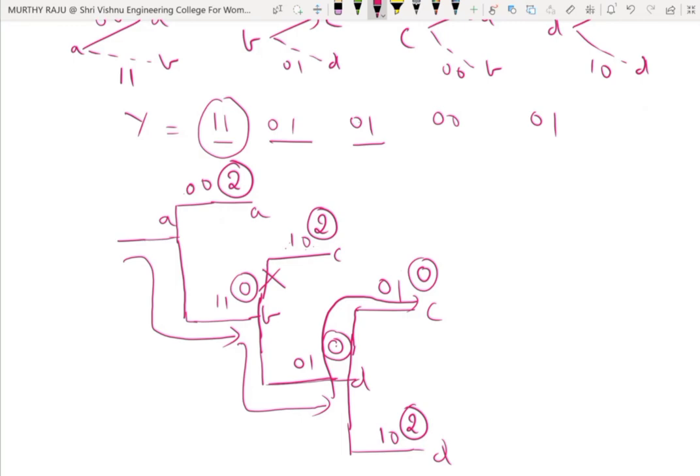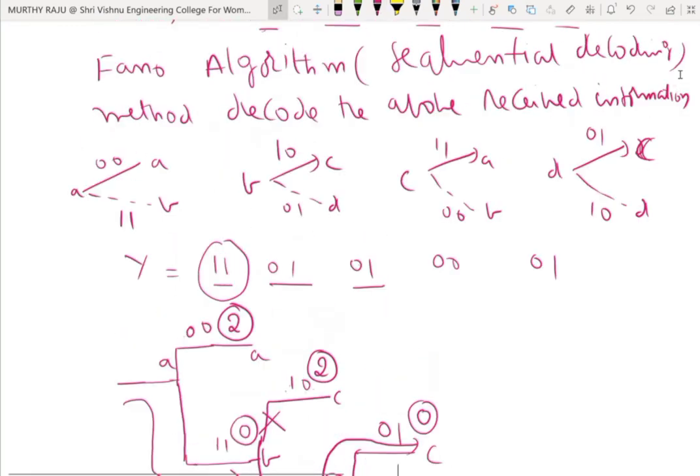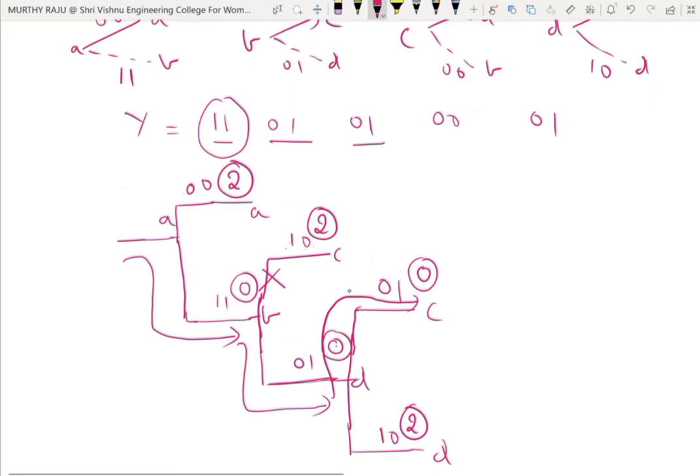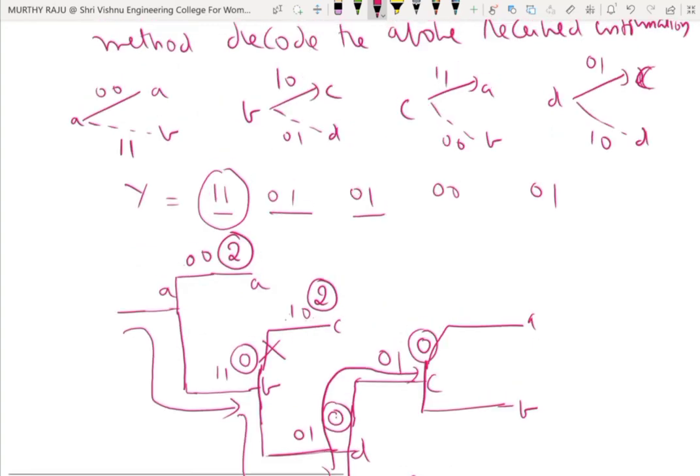Here, from C, we have two transitions, A and B. One is A, this one is B. The outputs are 1 1 and 0 0.